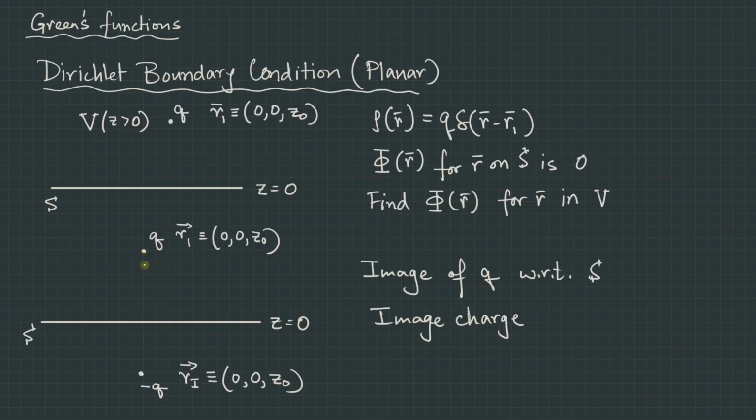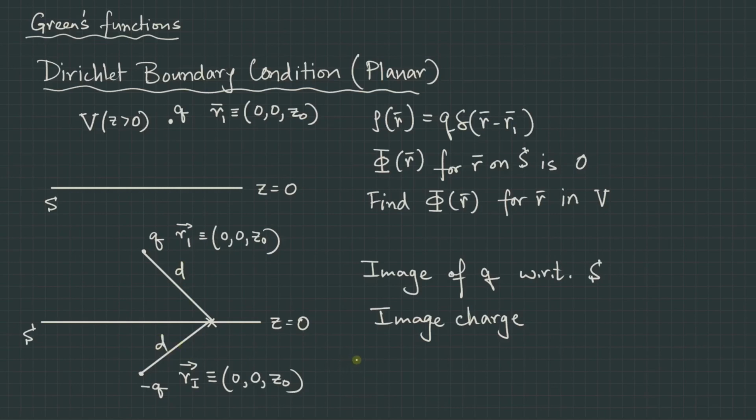Now let us see what is the potential at any point on the surface. So by simple geometry, we can see that the charges are equidistant from any point on the surface. Let us say this distance is d.